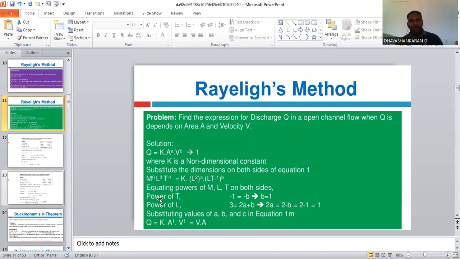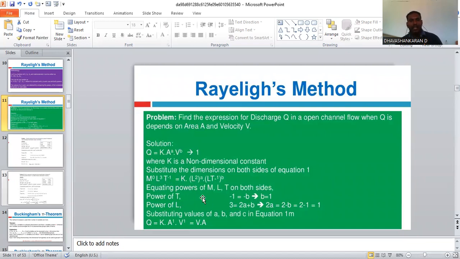So we move to the power of L and the power of T. We take the left-hand side and the right-hand side. First, on the left-hand side, the power of T is minus 1.